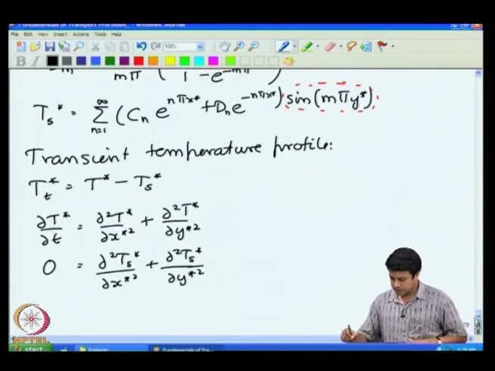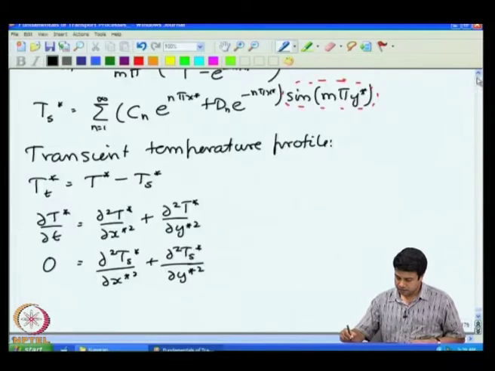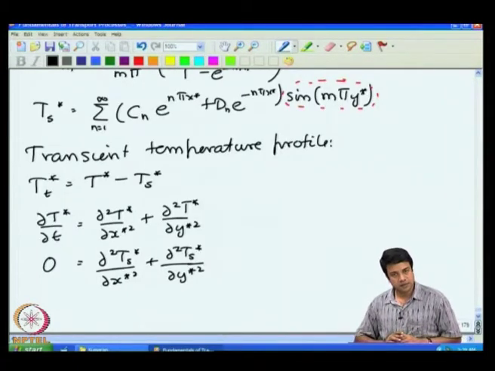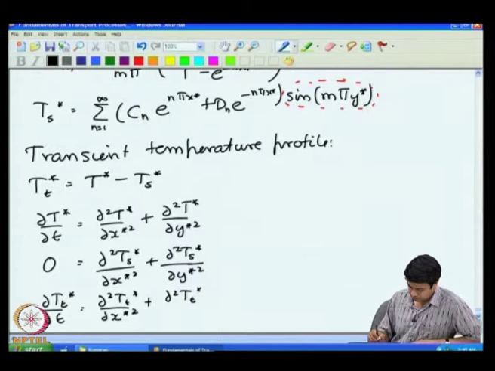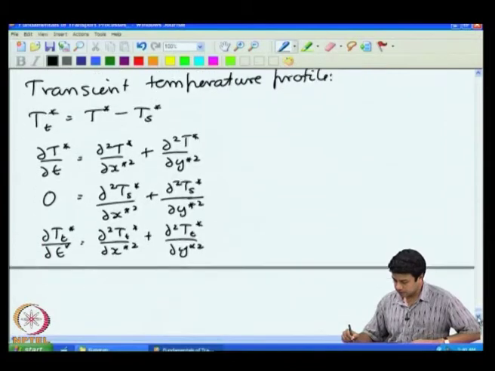So, you subtract the two and use the fact that the steady temperature has no time dependence, and you will get the equation for the transient temperature. So, this is the equation for the transient temperature profile.